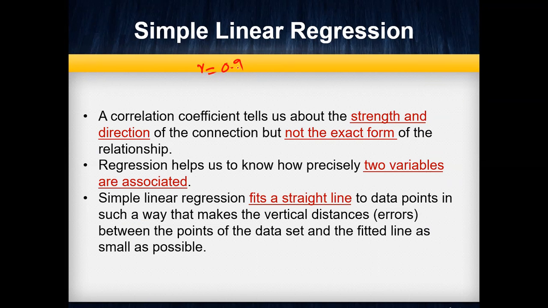From the number you can identify two things, the direction and the strength. But with the help of simple linear regression, you can find a mathematical form of the relationship, y equals a plus bx. So it calculates the association between x and y variables in a mathematical way.